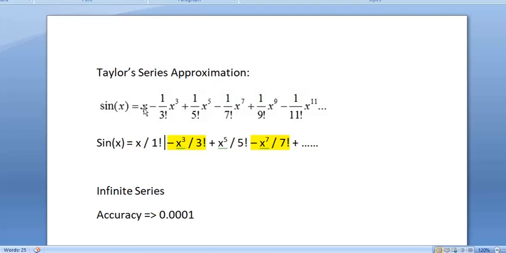And similarly the sign will alternate, plus, minus, plus, minus. This is the pattern. So we are going to implement whatever is on the right hand side using the do loop. We'll go back to the program and understand.